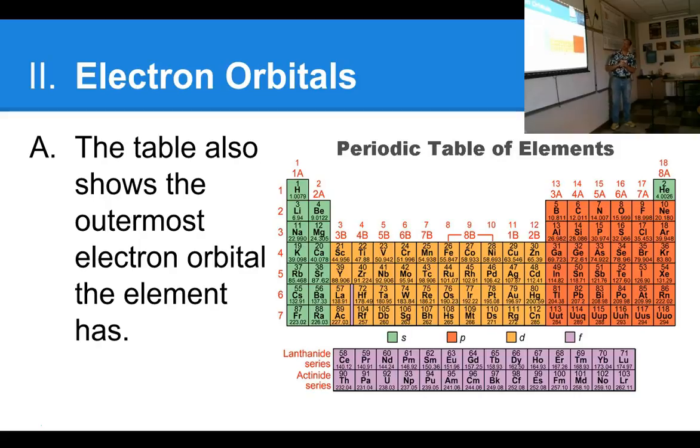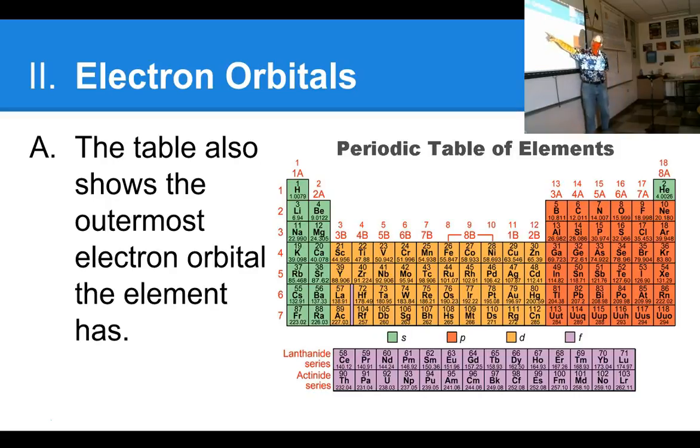If it is in the first 2 columns of the table, or it's helium, because helium is small, then the element has an s orbital as the outermost energy level. Something s is going to be the end of the line. Okay? So hydrogen has 1s, and so does helium, 1s.